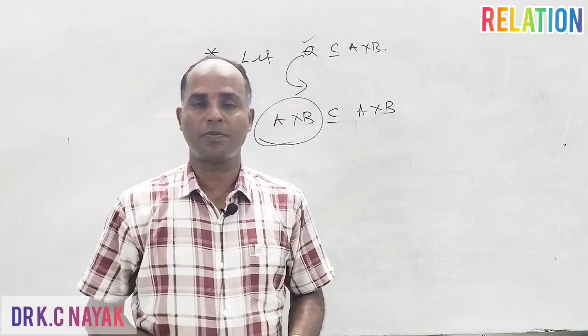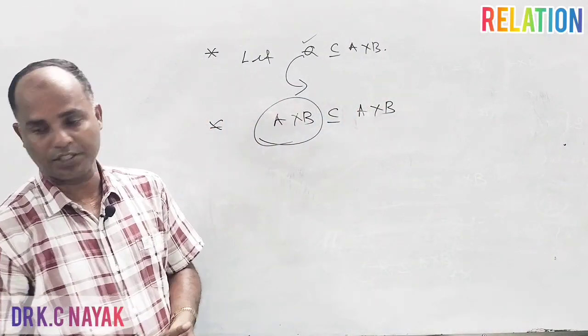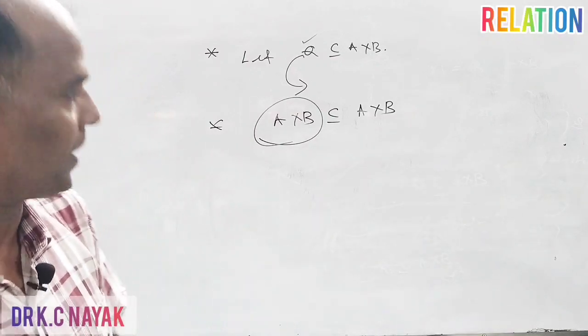That means A cross B is the largest relation from A to B.